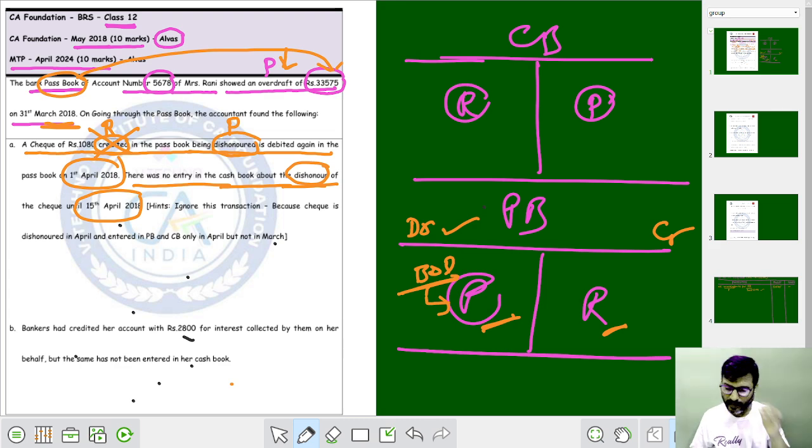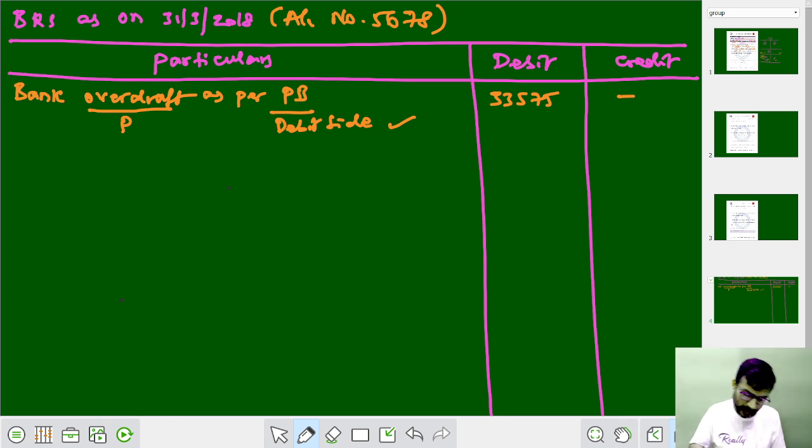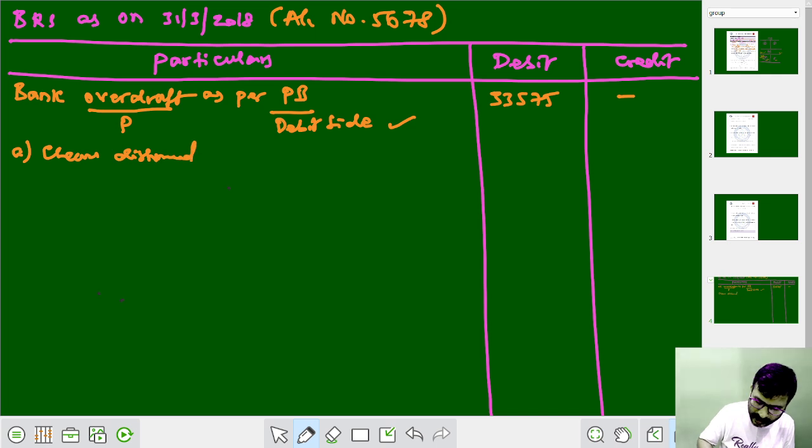So let me write once again in your notes, when it comes to the solution part. Check dishonored. Deposited, no need to write. Credited. Check dishonored, okay, fine.